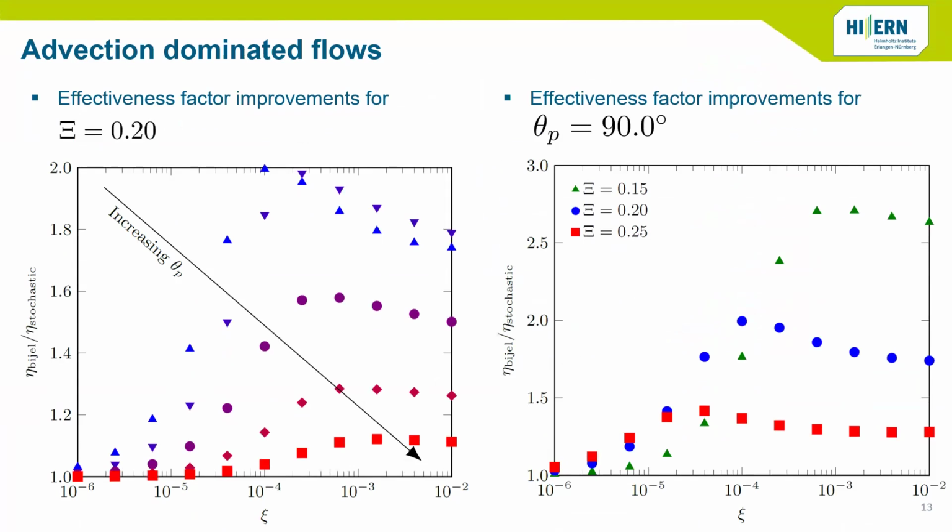As you can see here, for small equilibrium particle contact angles, we have a quite major increase in the effectiveness factor. So we decided to study this case further also for different particle volume fractions. And here you can see the plots for these particle volume fractions, where you can see that for small particle volume fraction, the increase can be even higher, up to almost 3 times.